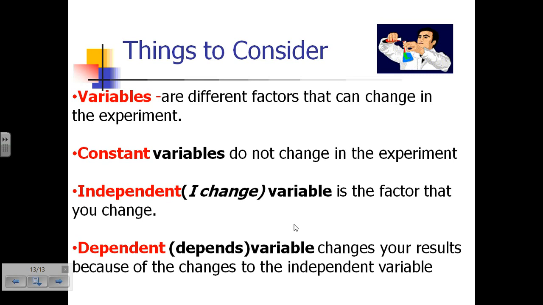In that case, the dependent variable would be the warmth of the jacket. Hopefully you wouldn't think that a paper plate jacket would keep you warm, or else you'd be creating a bias. But in essence, the dependent variable depends on the independent variable.